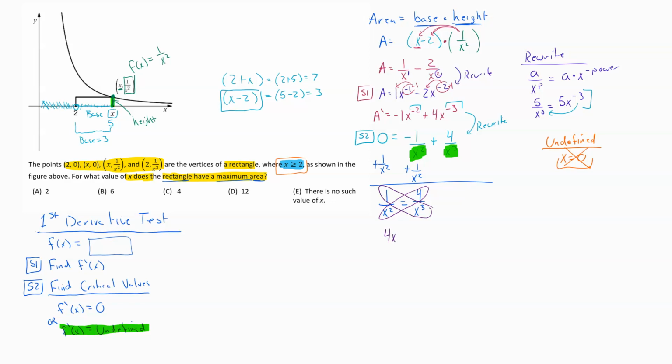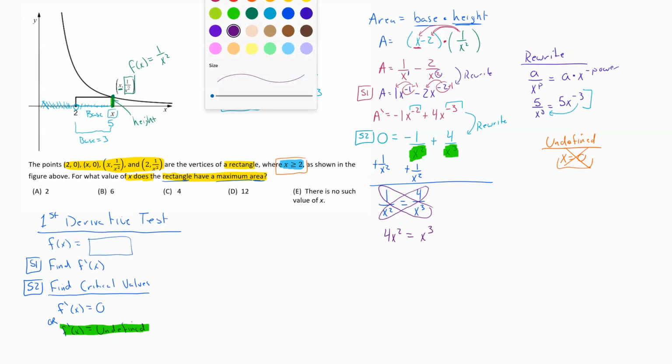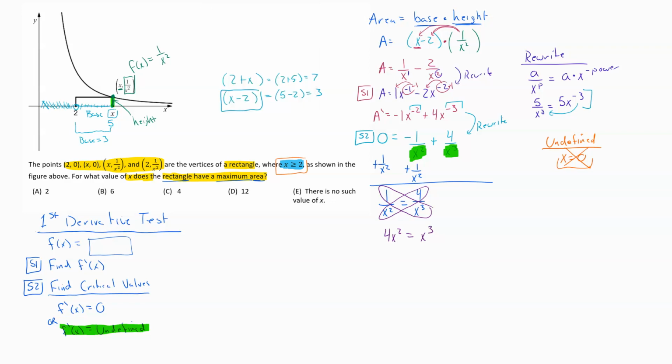So I end up with 4 times x squared equals 1 times x cubed, which is x cubed. Now the next algebra move you're always looking out for is anytime you've got a power of 2 or greater going on with your x's, you want to get this set equal to 0 so that you can factor it.